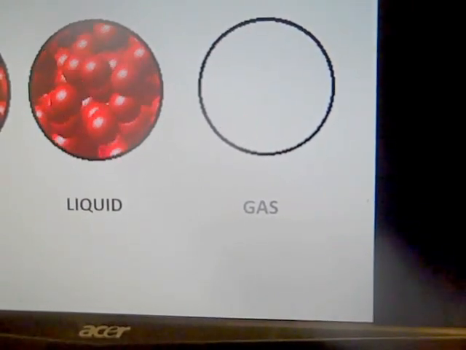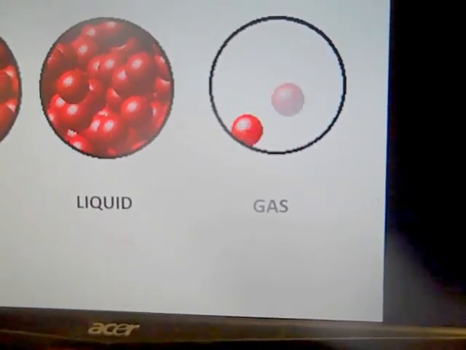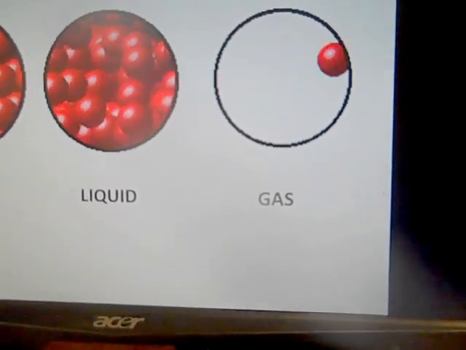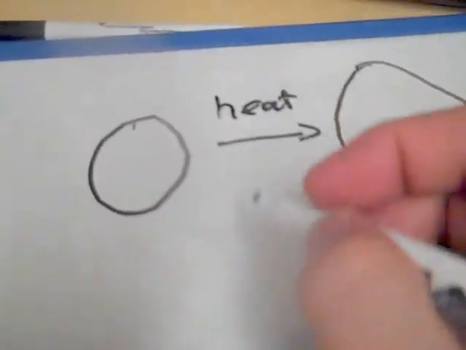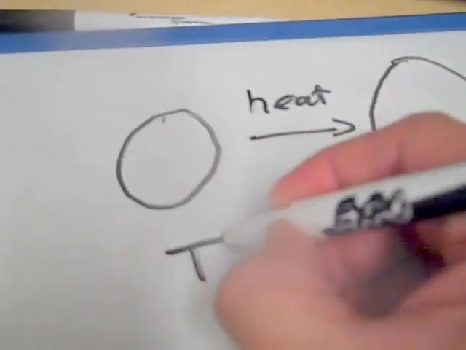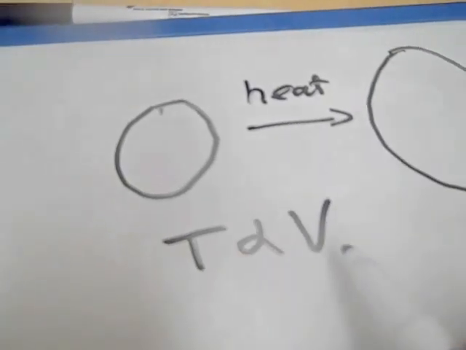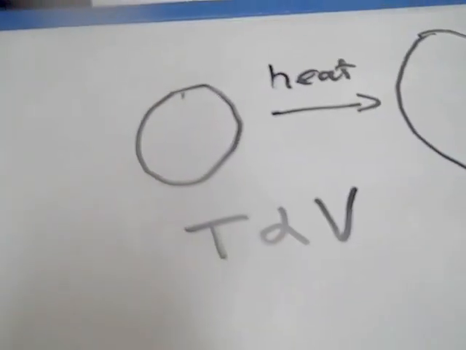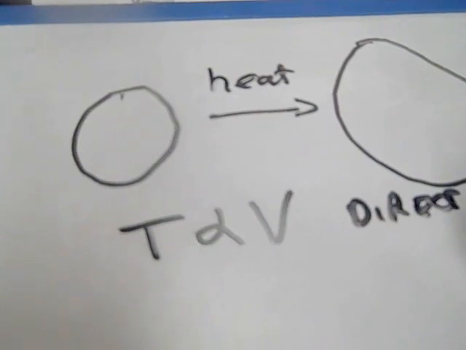So the pressure increases, and the pressure pushes against the walls of the balloon, if you will, so the volume gets larger. That explains this. And so what we see is that as we increase the temperature, there's a direct increase in the volume. So unlike pressure and volume, this is a direct relationship.